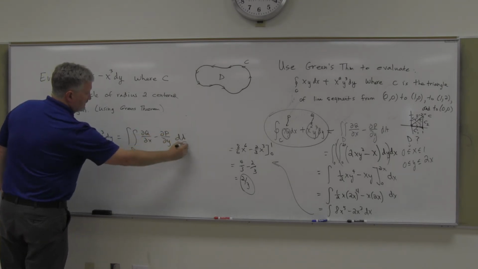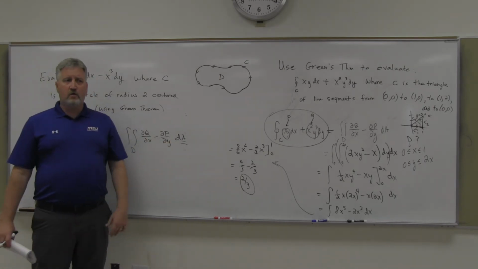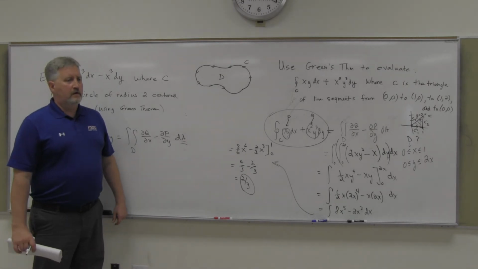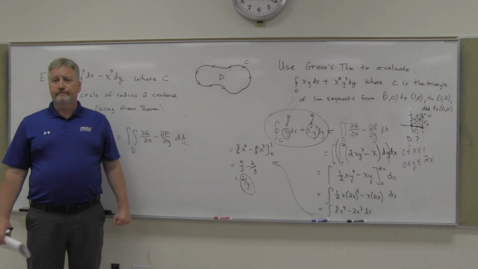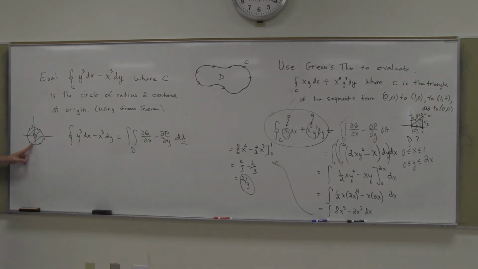Like I said on the first problem, we can use, again, Cartesian for dA, or we can use polar. And polar makes real good sense here because if I used Cartesian, if I did the y's first, I'd have to go from this semicircle up to that semicircle. So you got some square roots, and that always is good to avoid if we can.